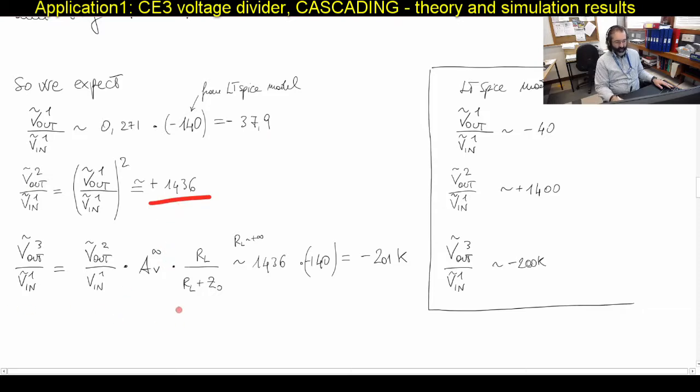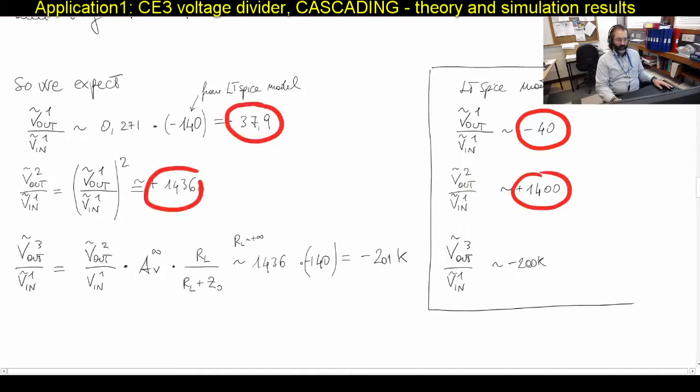At the third stage, if you consider RL infinite, this should be 1436 times AV infinite, which is minus 201,000. I did this also with LTspice, and I got numbers that are exactly spot on with those that we were expecting.